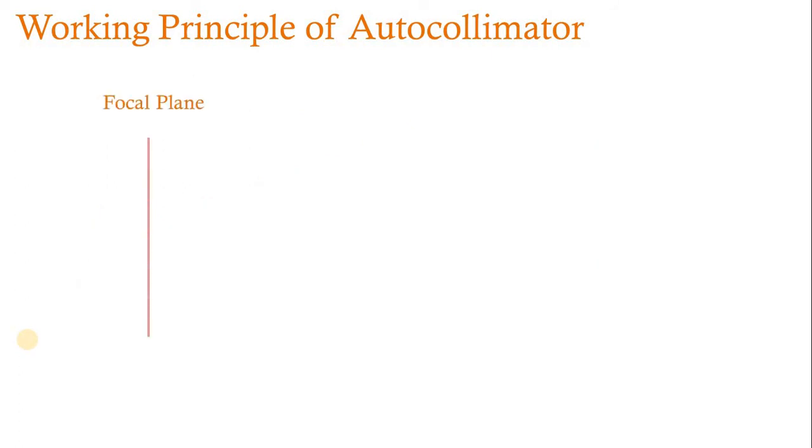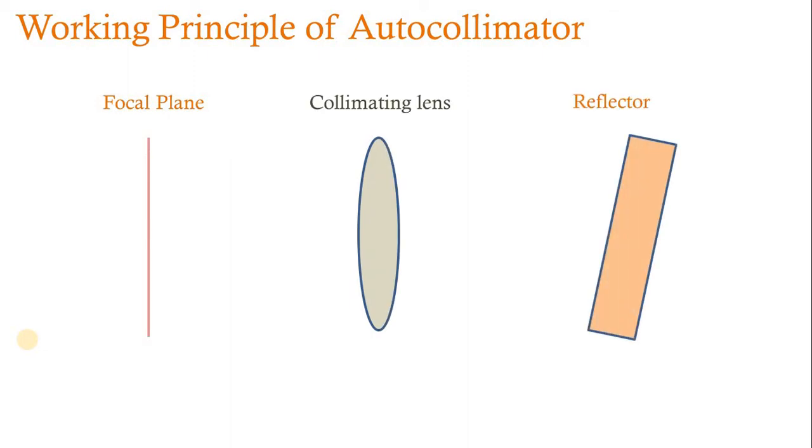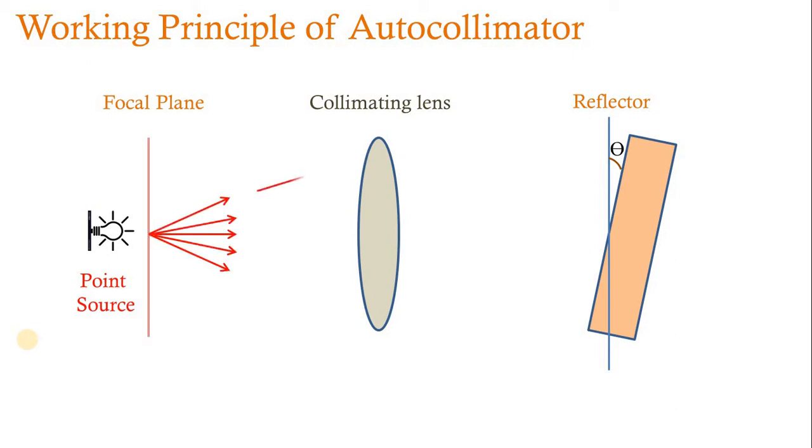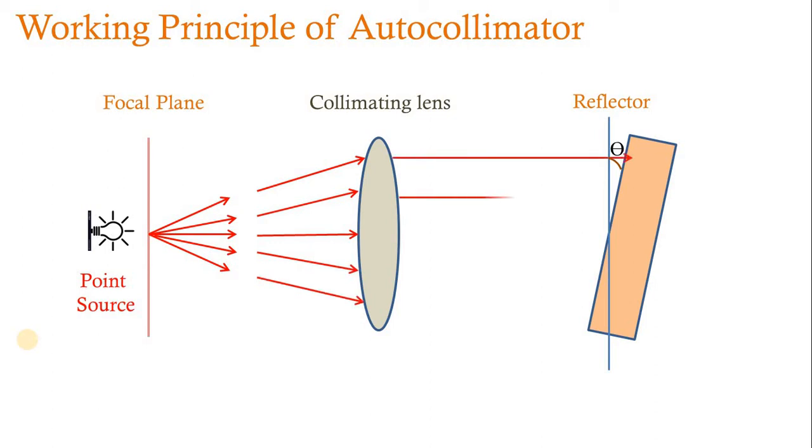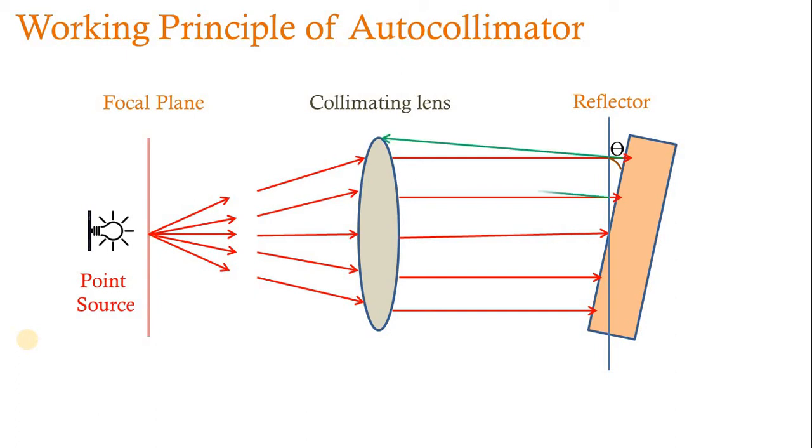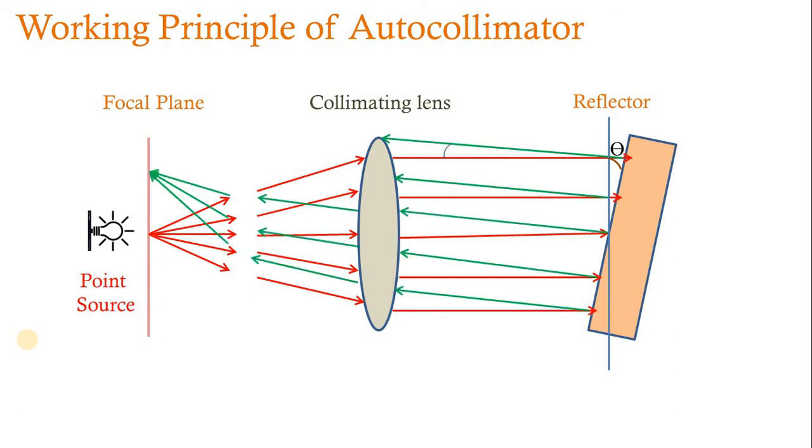Now if the reflector is tilted through a small angle, what will happen? If it is tilted by an angle theta, the light coming from the point source and falling on the collimating lens then falls on the tilted reflector. The light reflected from the reflector will be deflected by an angle of 2 theta.